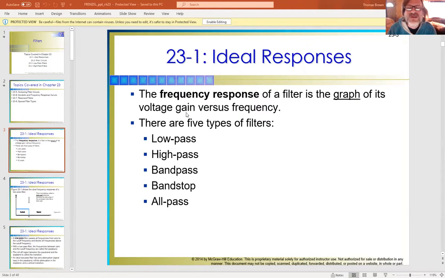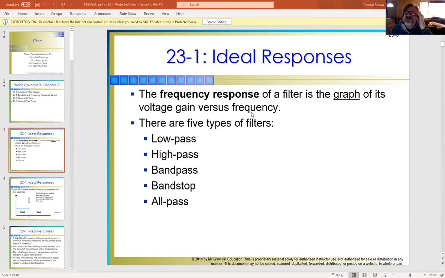We look at our voltage gain versus our frequency, and we haven't gotten into that yet, and that's something we get more into in solid state. We'll start looking at voltage gain, amplification effects, with transistors and operational amplifiers. So this is sort of a prelude to getting into solid state, which would be the next section.